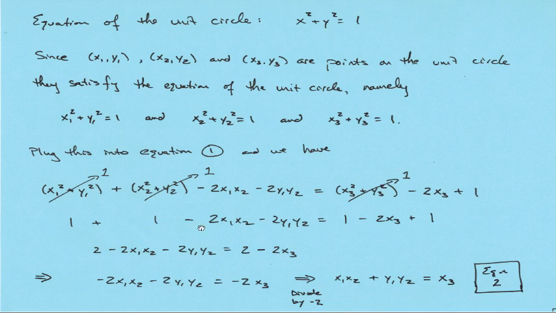If we replace those with 1, collect terms, then we've got a 2 on each side. We can cancel the 2's. We can then cancel the coefficient of negative 2 in each one, and end up with an equation of x sub 3 is equal to x sub 1 times x sub 2 plus y sub 1 times y sub 2.